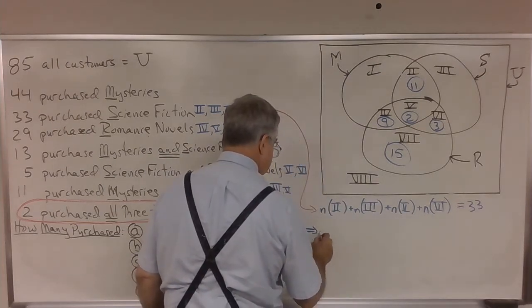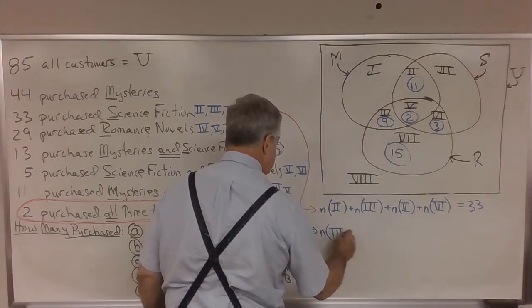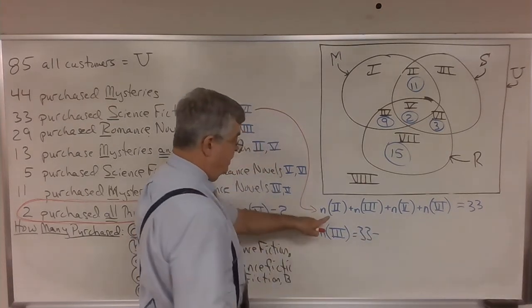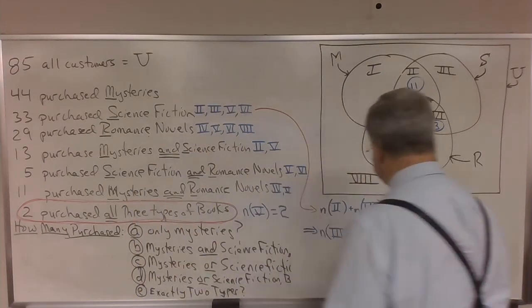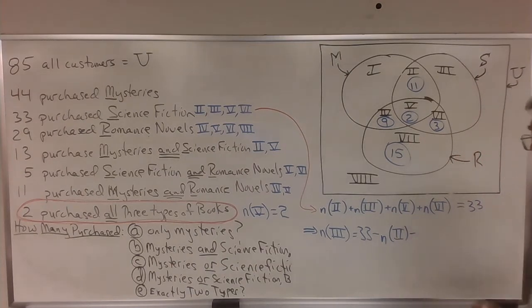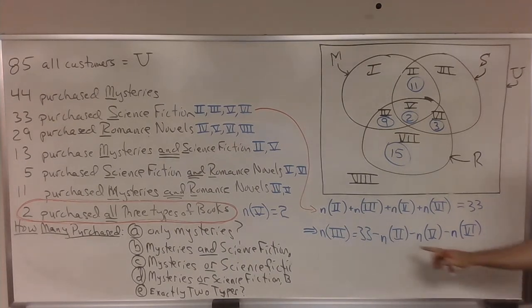So that tells us number of people in region 3 is equal to 33 minus number of people in region 2 minus number of people in region 5 minus number of people in region 6, and we know what these 3 things are.